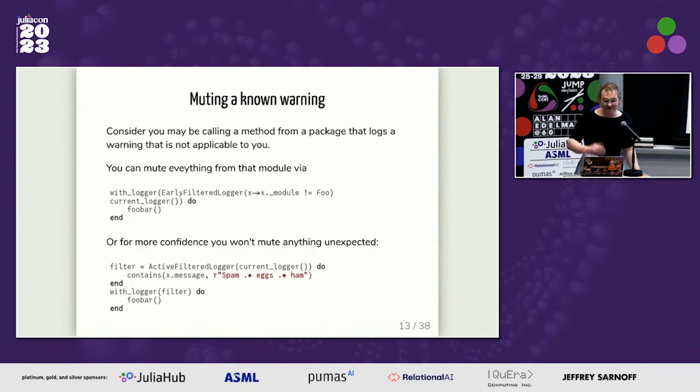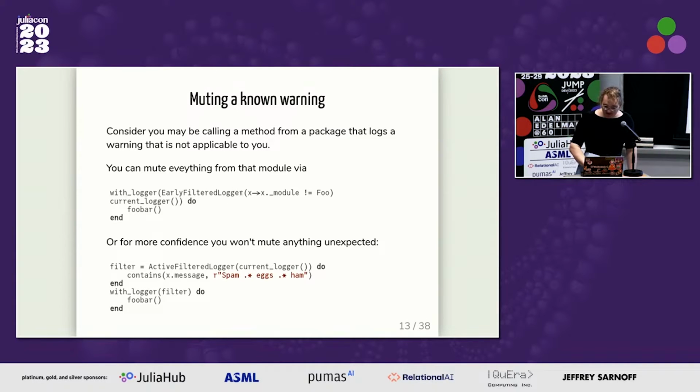So we can imagine that I'm using some package, and that package gives a warning, but I know that warning doesn't apply to me for some reason. Then I don't want the end user to get spammed by this message that I already know is not actually a problem. So to do that, I might wrap the current logger with an early filtered logger that filters on the module. So with logger sets the logger for a block of code.